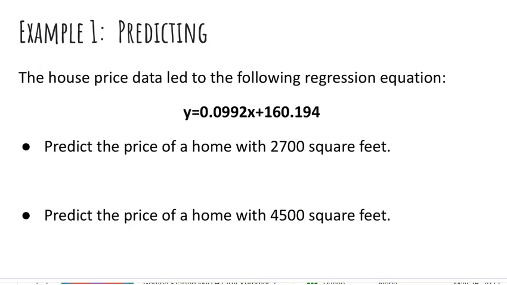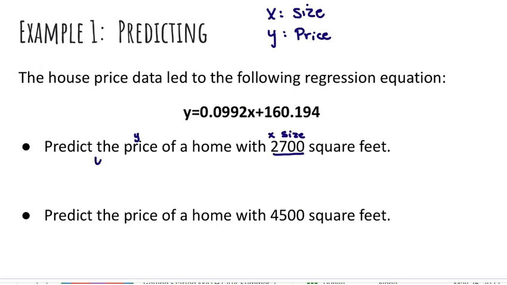So when they say predict the price of a home with 2,700 square feet, what you have to remember is that x represented the size of the house in square feet, and y represented the selling price in thousands of dollars. Here they're giving us the x, and they're asking us to predict the y.